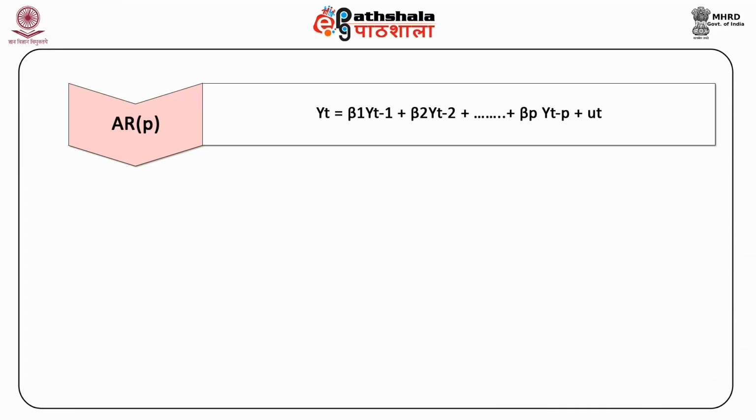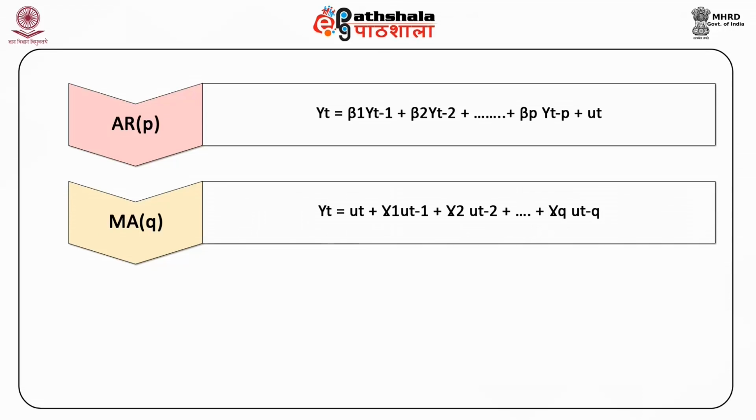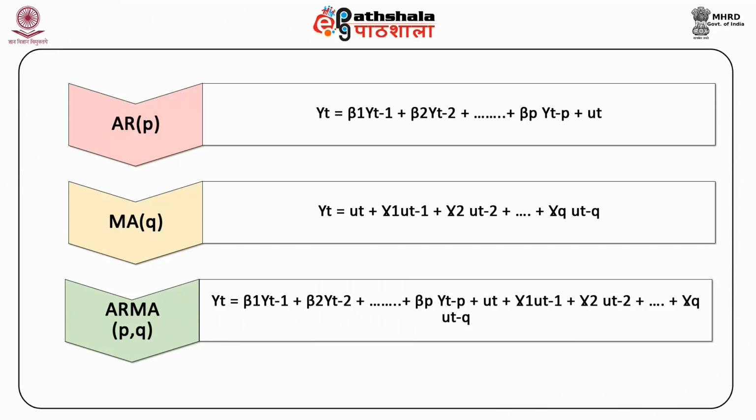This series is a combination of autoregressive model of order p, that is AR(p), and moving average model of order q, that is MA(q). Therefore, the ARMA model is simply the combination of both AR and MA models.